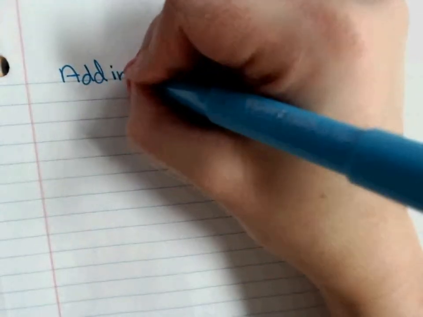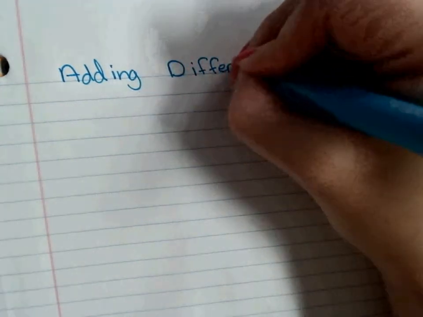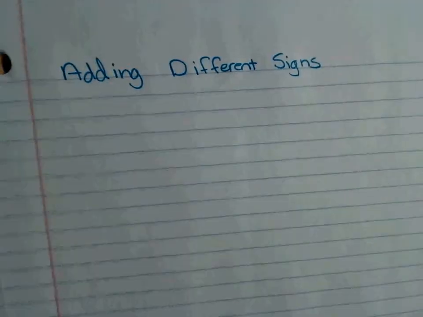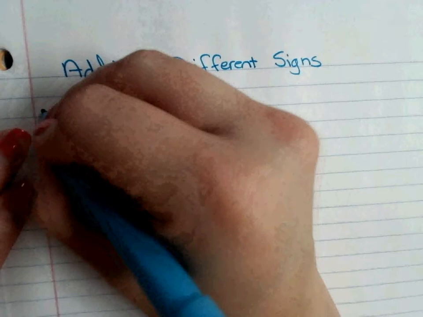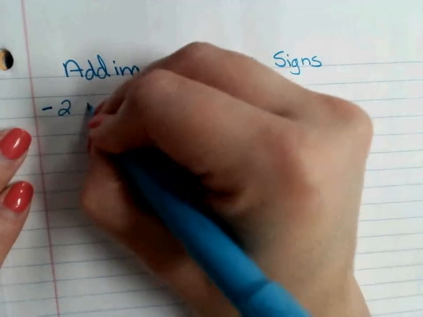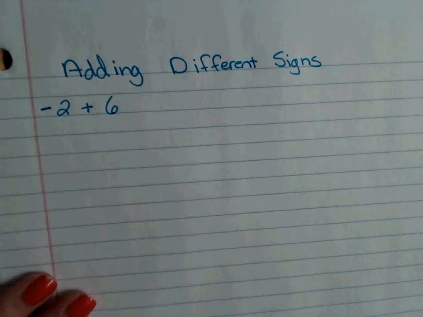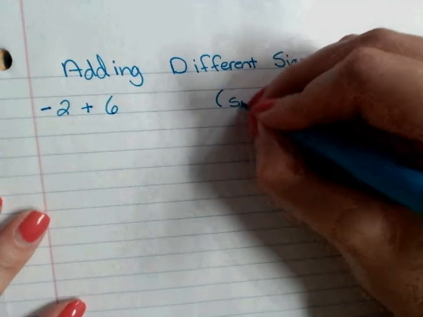All right. So now the next part of the practice was adding different signs. So when we need to add different signs, so if we've got a -2 plus a +6, these are different. So the idea was, hey, you're going to subtract.